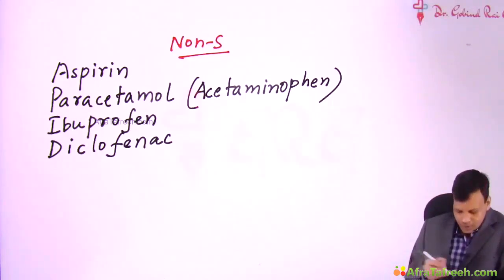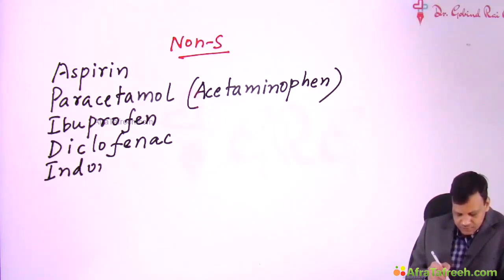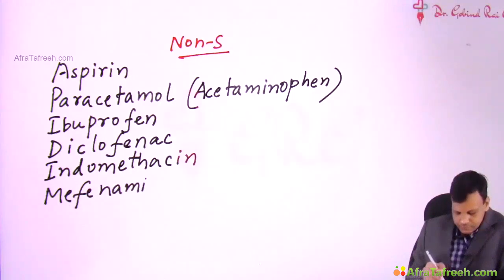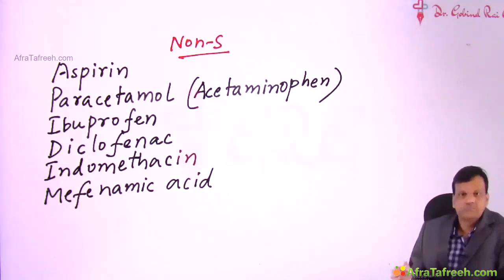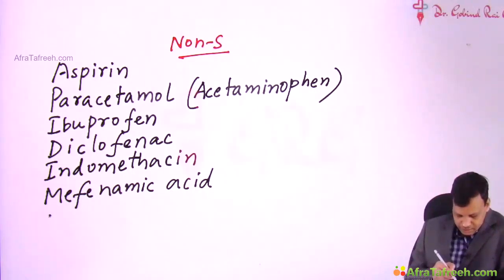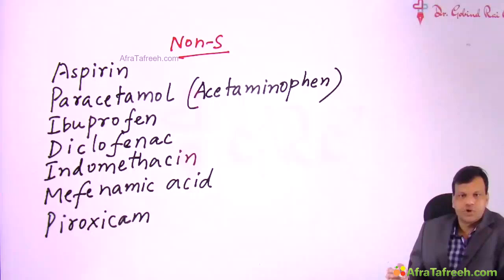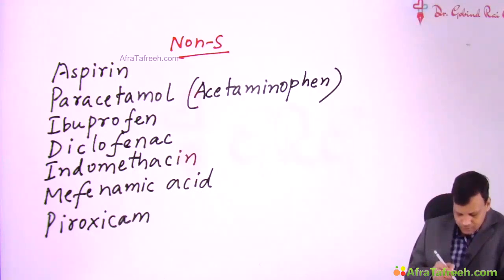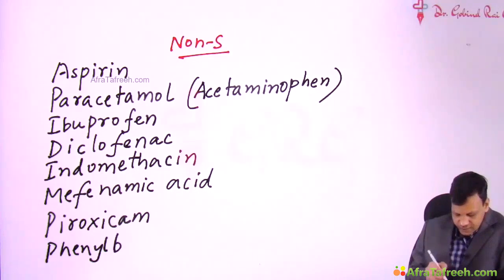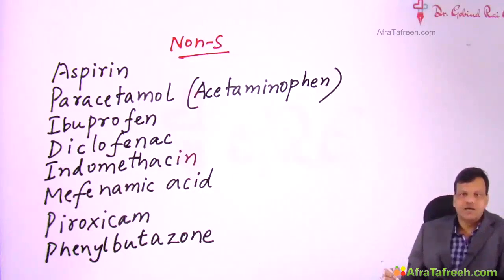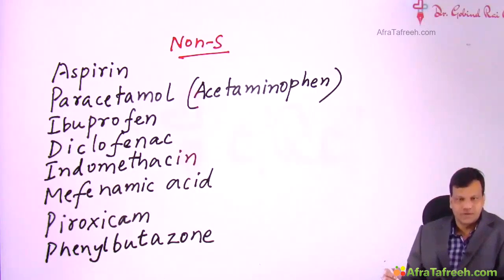We have indomethacin, mefenamic acid, then we have drugs like piroxicam, and phenylbutazone is another drug. So these are some examples of non-selective COX inhibitors.